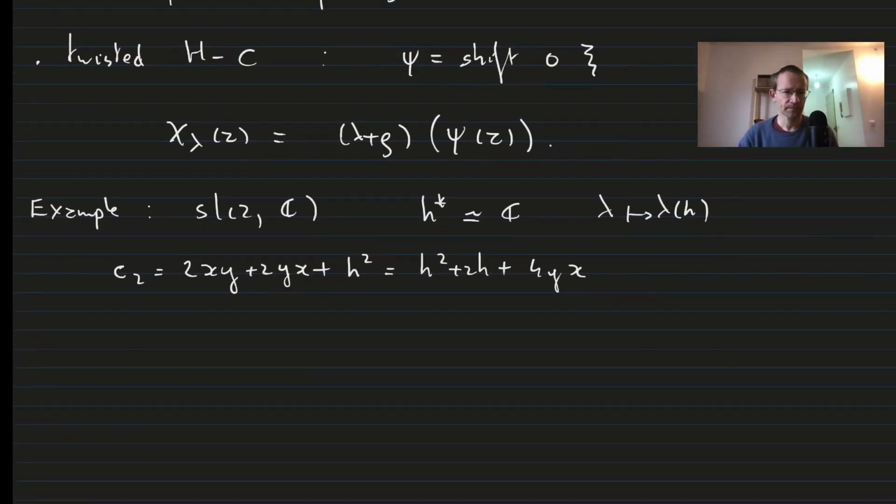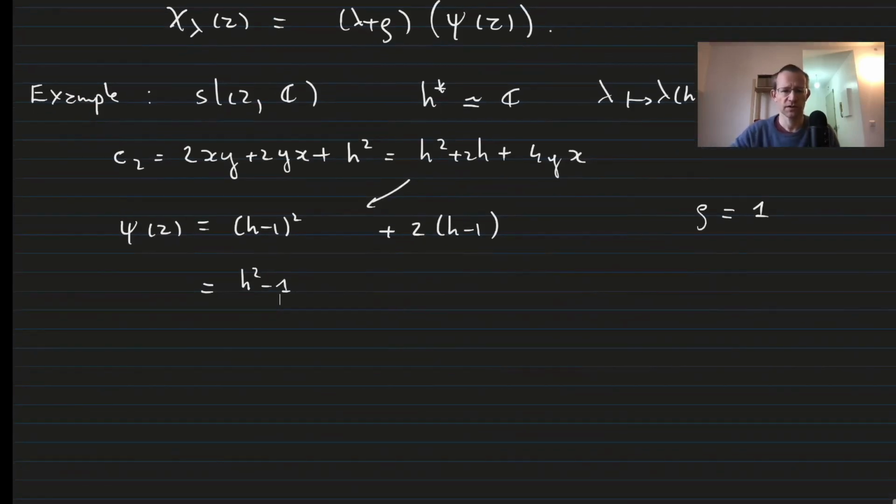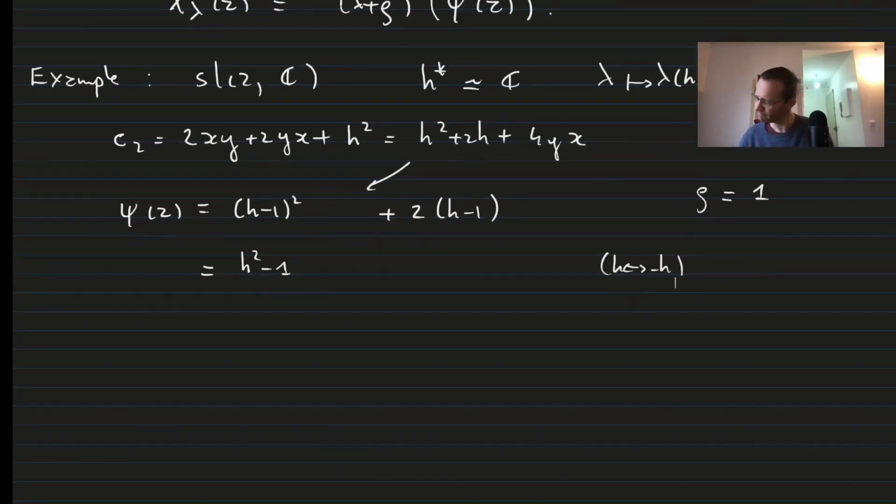So then, after forgetting the x and the y, as well as twisting, we get h minus 1 squared from the first term twisted plus 2h minus 1 from the second term twisted, because we have to recall that rho is basically 1. Psi of z is therefore h squared minus 1, which we know to be Weyl symmetric, because the Weyl group will map h to minus h. So this is a Weyl group symmetric polynomial.